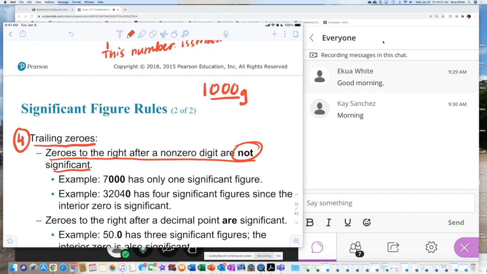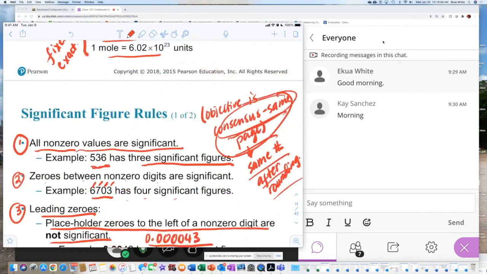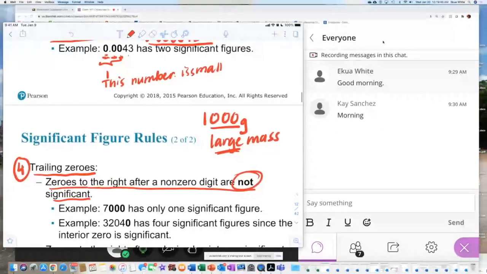But they are significant in communicating to the person making the measurement that this is a large mass, especially in a chemistry lab. So the more zeros you have, the more you're communicating very large. But for the purpose of being on the same page, estimating correctly, having the same number after rounding, this is not important. It's not significant.